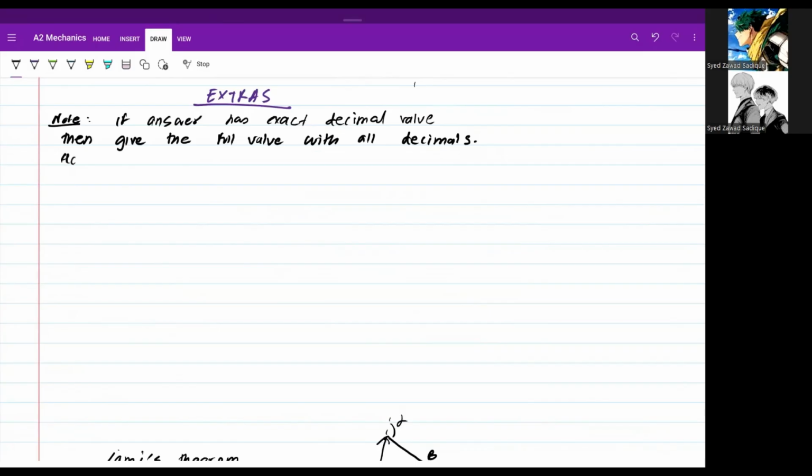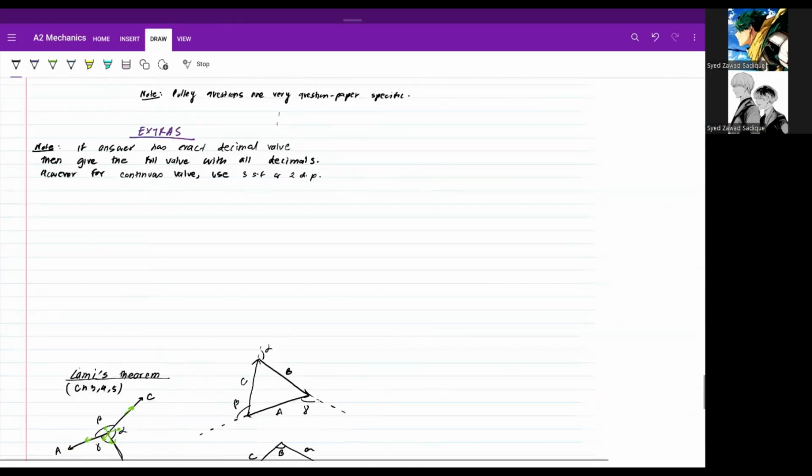However, for continuous value, use three significant figures or 2 decimal places. Yeah, this is my note.